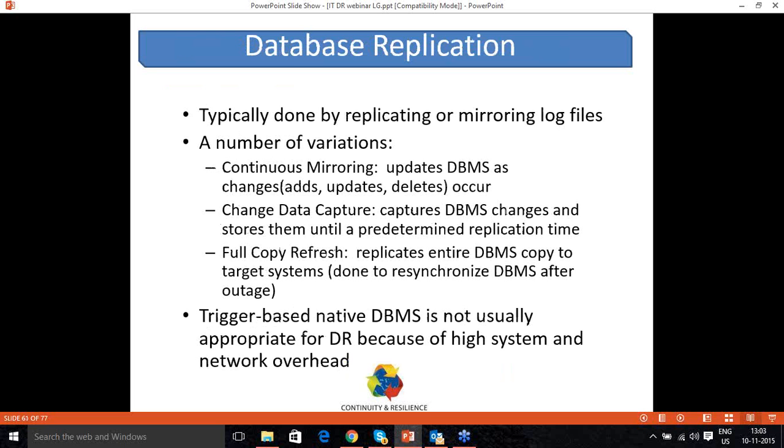So take your decision. Database replication is another way I can think of, typically done by replicating or mirroring the log files. There are a number of variations in that: change data, continuous mirroring, full copy refresh, trigger based. So I'm not getting into technology there, but we need to understand the concept, right?